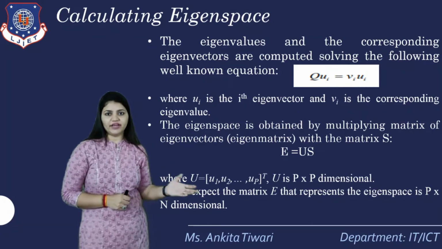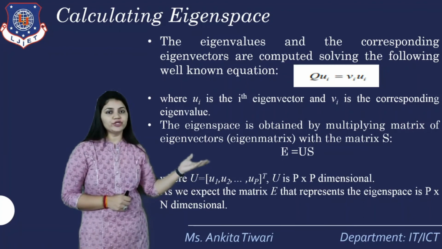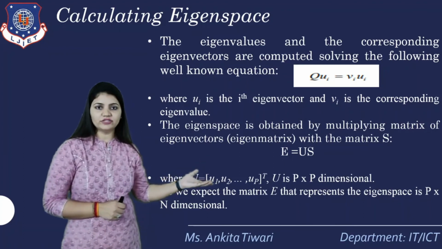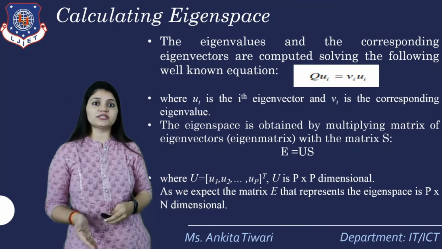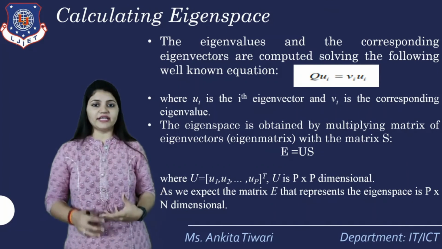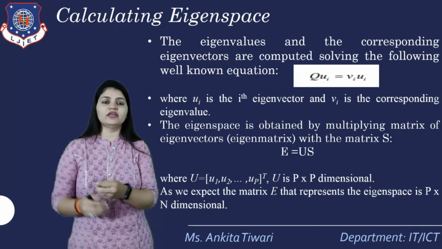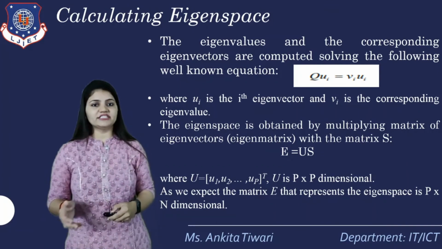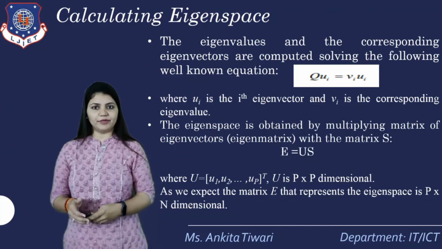U is the vector u1, u2 till uP, and we can say that U is P cross P dimension, while the eigenspace is P cross N dimension.